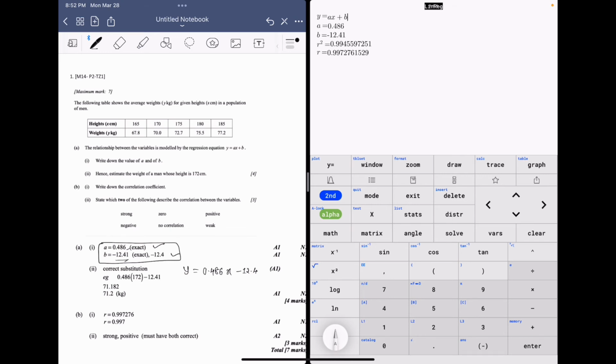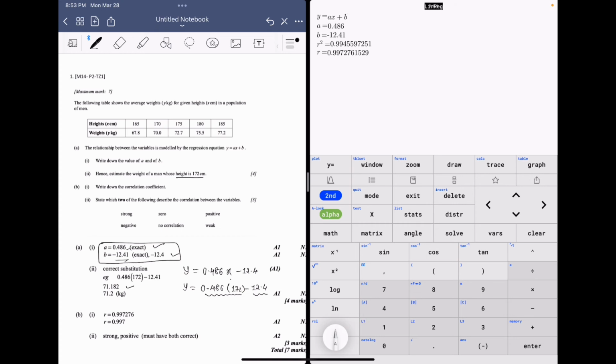Right now I have my negative 12.41, I will use that for calculation. What they have given is height 172, so that height is your x. So you have to show this calculation: 0.486 into 172 minus 12.4.